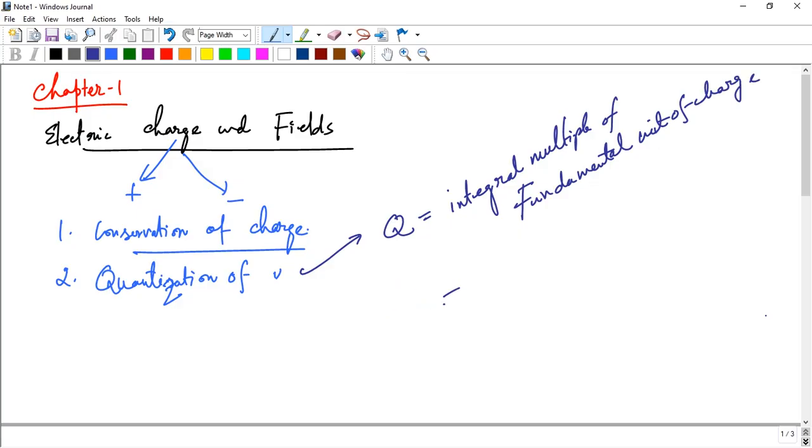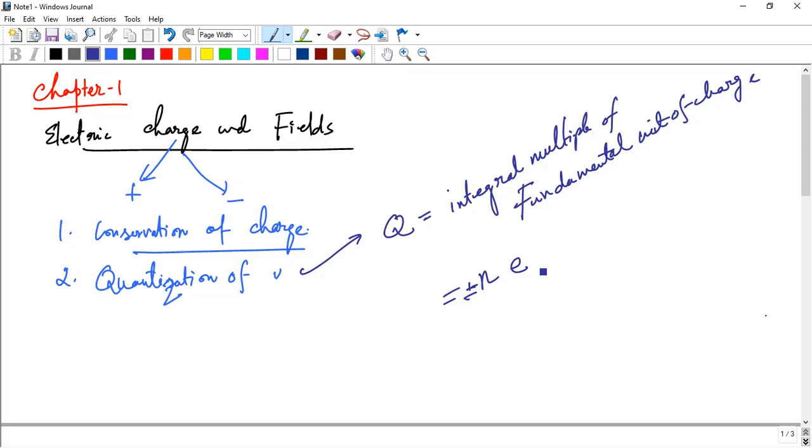So that is n, where n is 1, 2, 3 or minus 1, minus 2, so n is plus or minus, and there is an e.